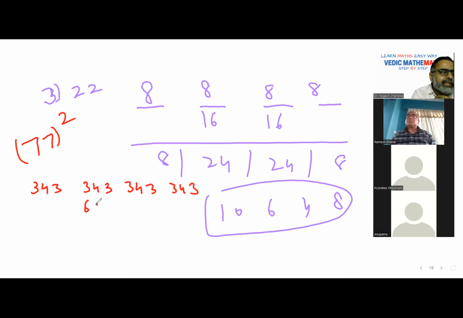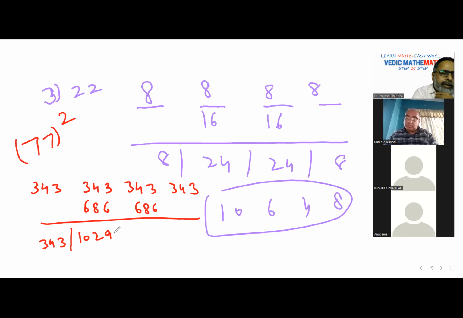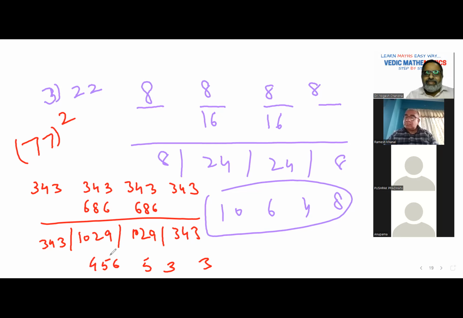Double: 686, 686. Add: 343, 1029, 1029, 343. So the answer is 3, 5, 4, 5, 6. How easily you can find it out.